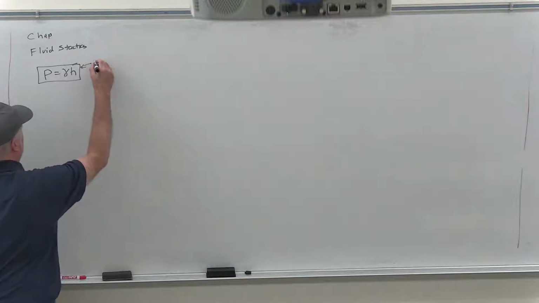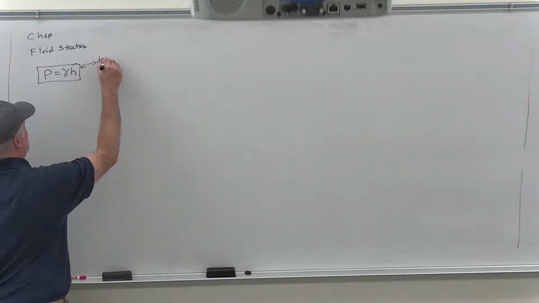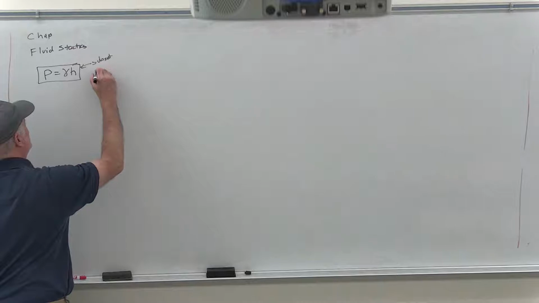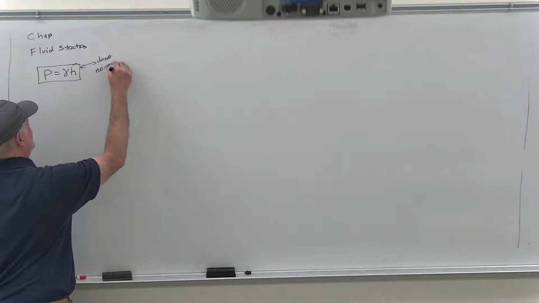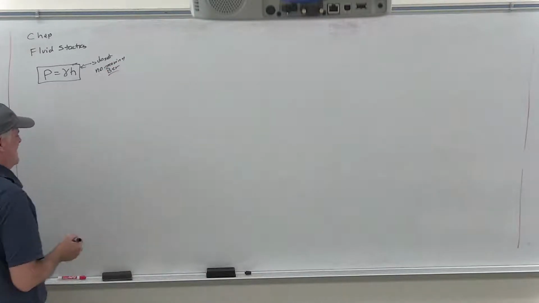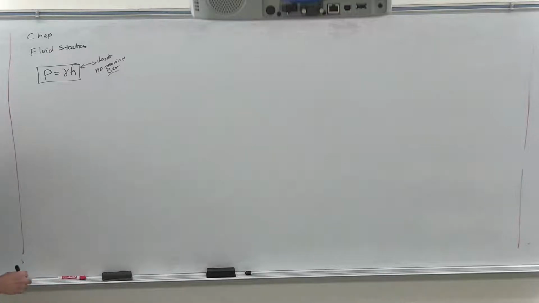This could be thought of as a subset of a non-moving Bernoulli's equation, and I'll show you how that happens. But essentially, all it is is as you get in a pool of water and swim down, the pressure increases, and so on and so forth.